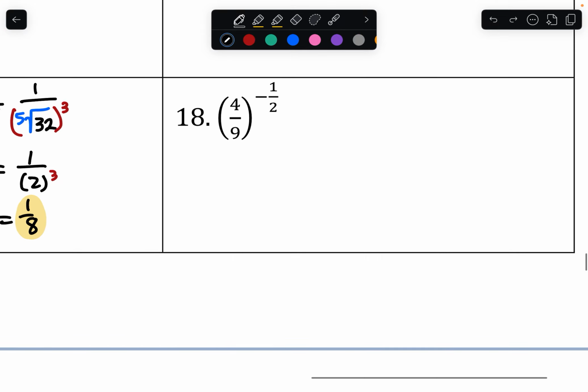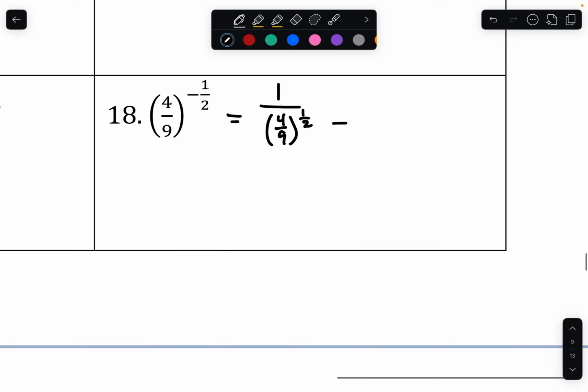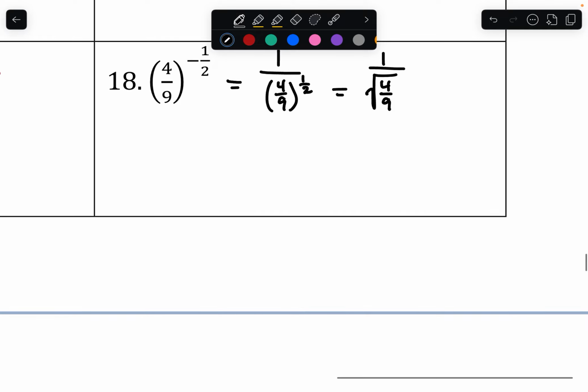Okay, last one. We have 4/9 to the negative 1/2, so that means I have 4/9 to the positive 1/2. And then we recognize that as square root. And then we square root the bottom and the top, so that would give me 2/3.